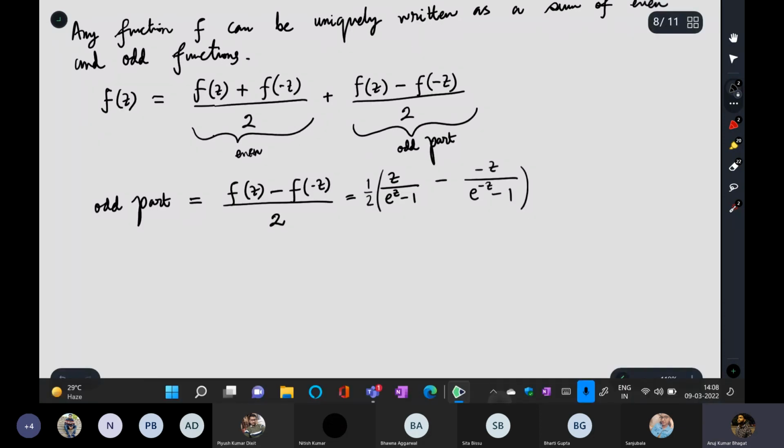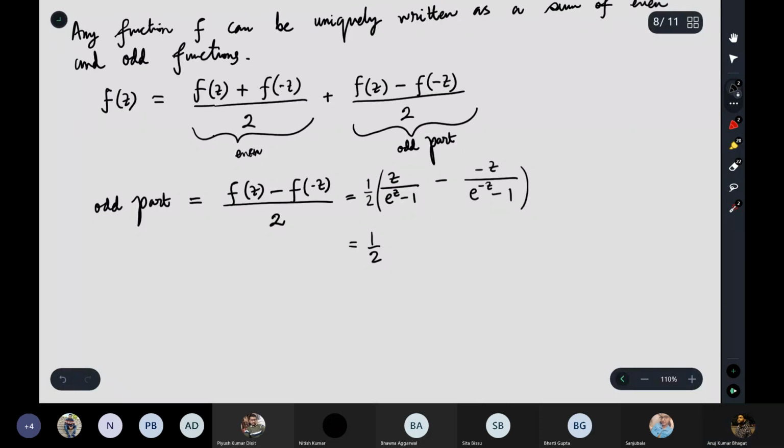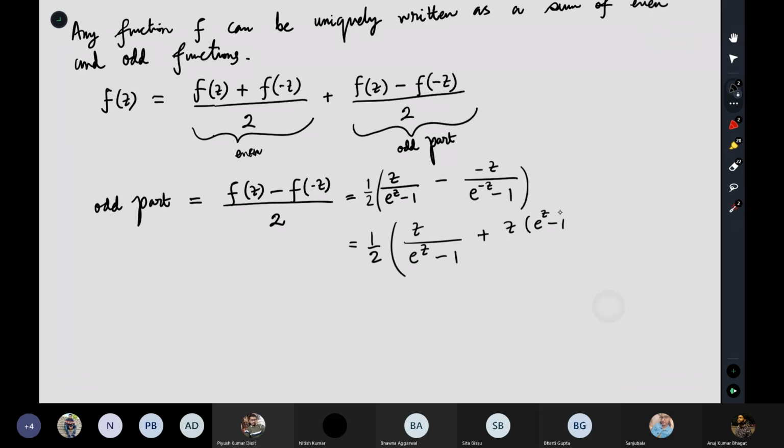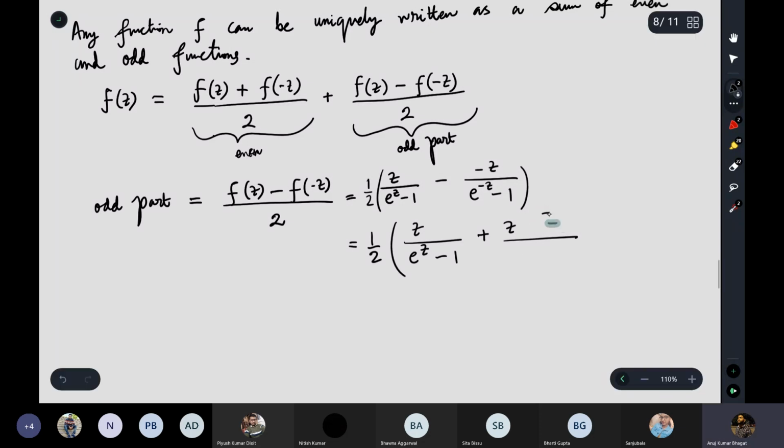You have to simplify this a bit. If you simplify this, z by e to the power z minus 1 plus z, this will become e to the power z minus 1. If you take the LCM, this will become e to the power z here, and 1 minus this.